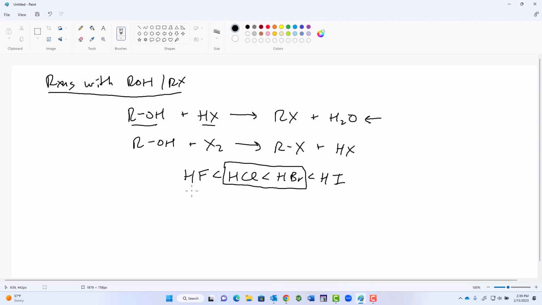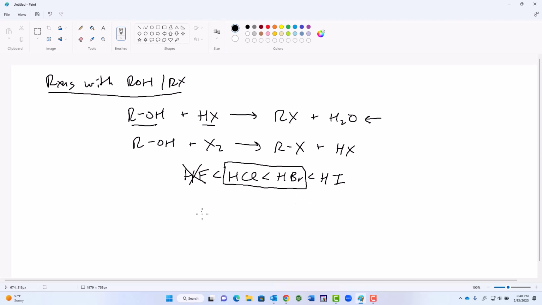In general, HF is too non-reactive and we don't use it, and HI overreacts, and we often avoid that as well. So the sweet spot for this type of reaction is HCl and HBr, and we'll see that this trends with acidity. As the acidity of the mineral acid increases, the reactivity of the acid increases as well.